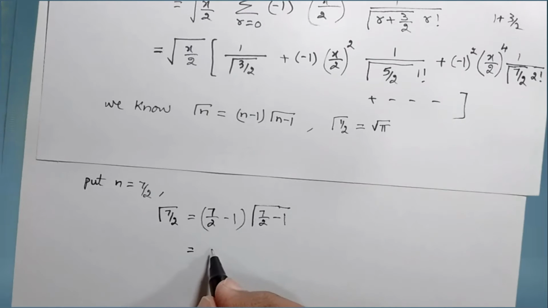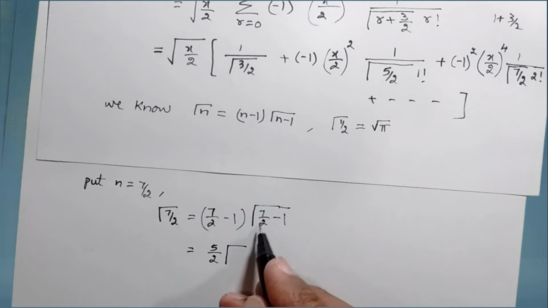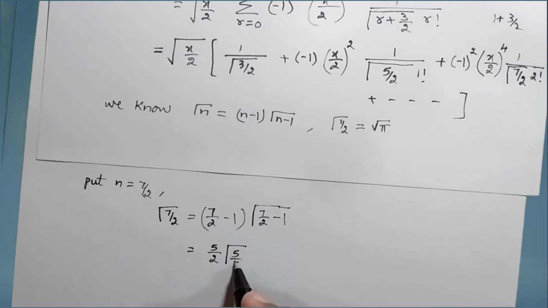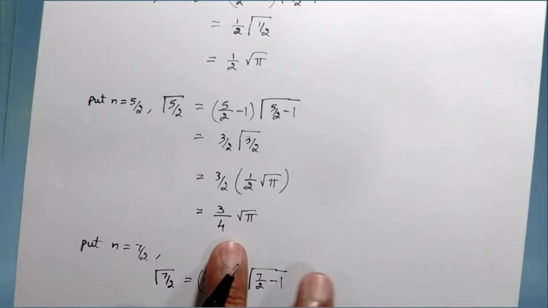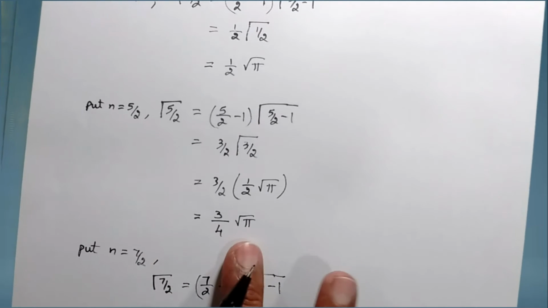So 7 by 2 minus 1 will be 5 by 2 into gamma of 5 by 2, which you have already calculated. Gamma of 5 by 2 is 3 by 4 into root pi.